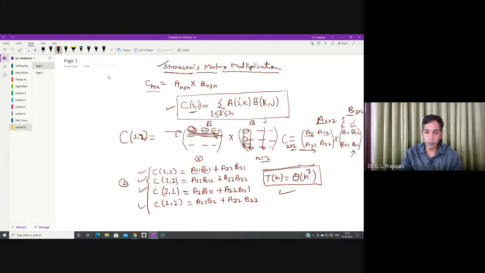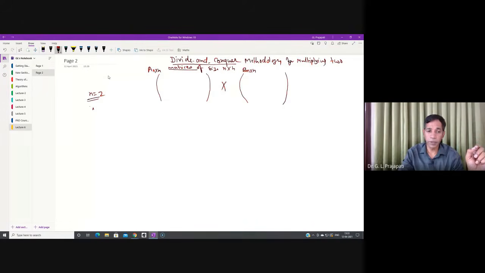A11 multiplied by B11 is one element, and this is also one element you are going to add. So when dimension n is equal to 2, we believe that in matrix multiplication the small case is true, and hence we don't need to divide the problem. If n is greater than 2, then we need to divide into subproblems.